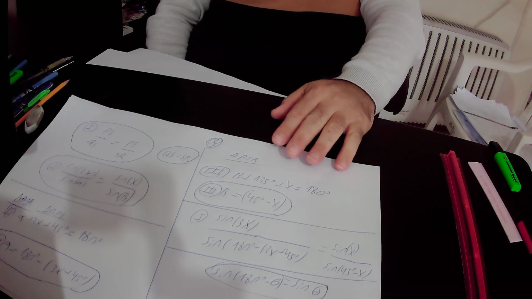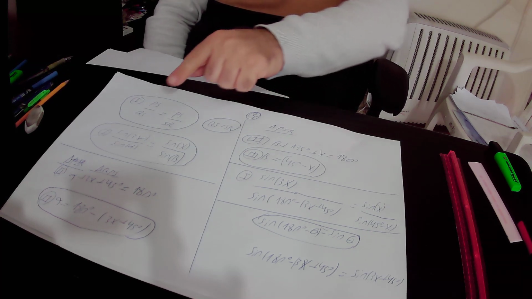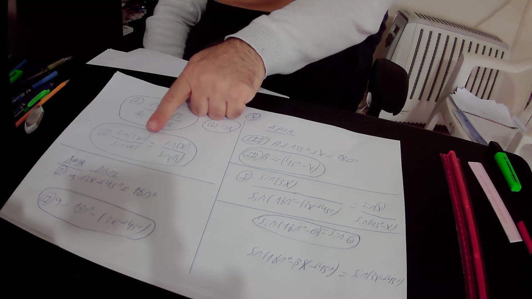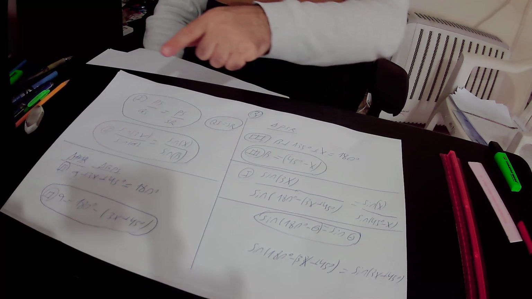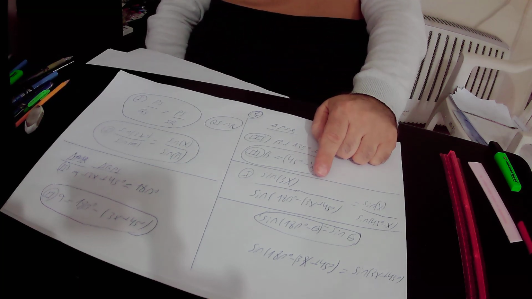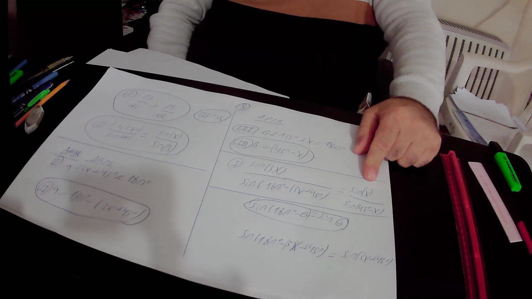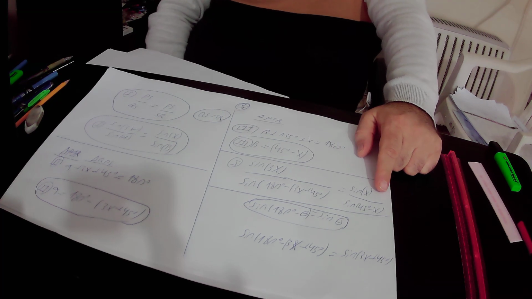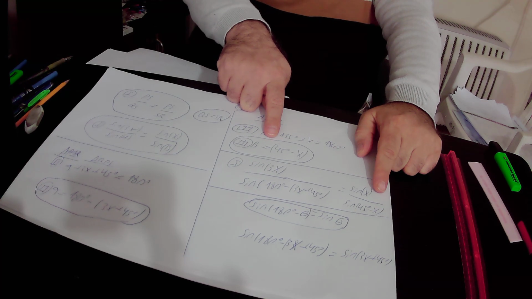So after we found the values of alpha and beta in terms of x, we can substitute them into equation number 1. We got sine 3x over sine alpha, where alpha according to equation number 2 is 180 degrees minus (3x plus 45 degrees), equals sine x over sine beta, where beta equals 45 degrees minus x according to equation number 3.